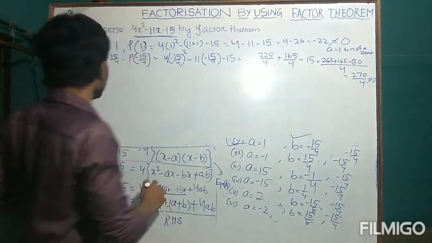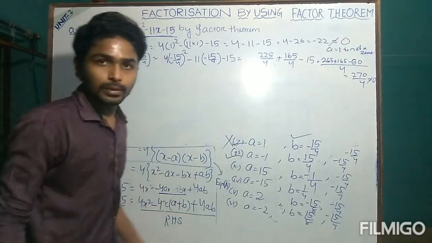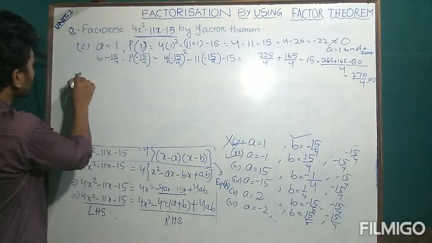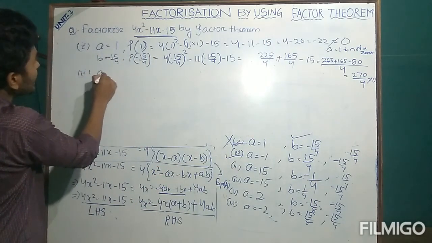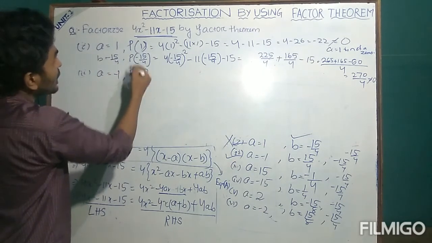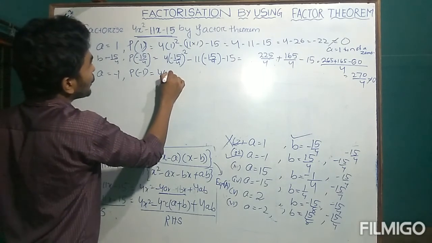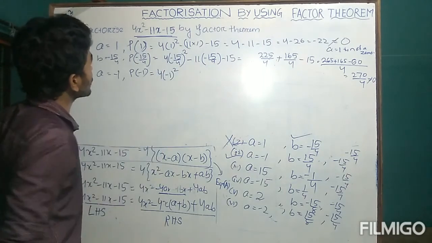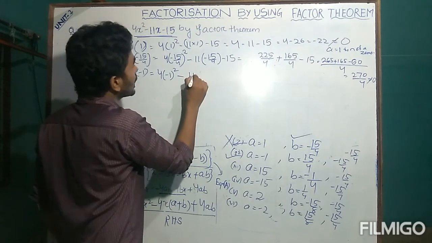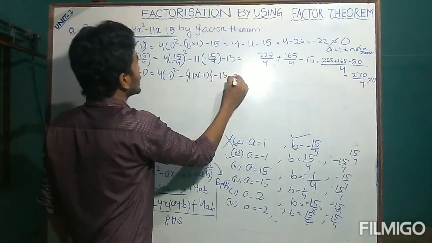Now assumption 2. Coming to assumption 2, assumption 1 doesn't hold good. Okay. In assumption 2, we have a is equal to minus 1. So we will find p of minus 1. Let us put it in the polynomial. It will be 4 whole of minus 1 square minus 11 into minus 1 minus 15.